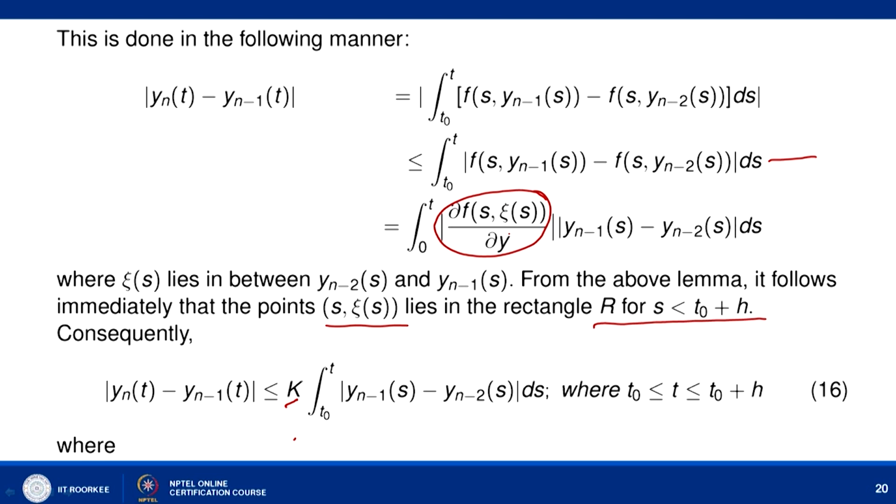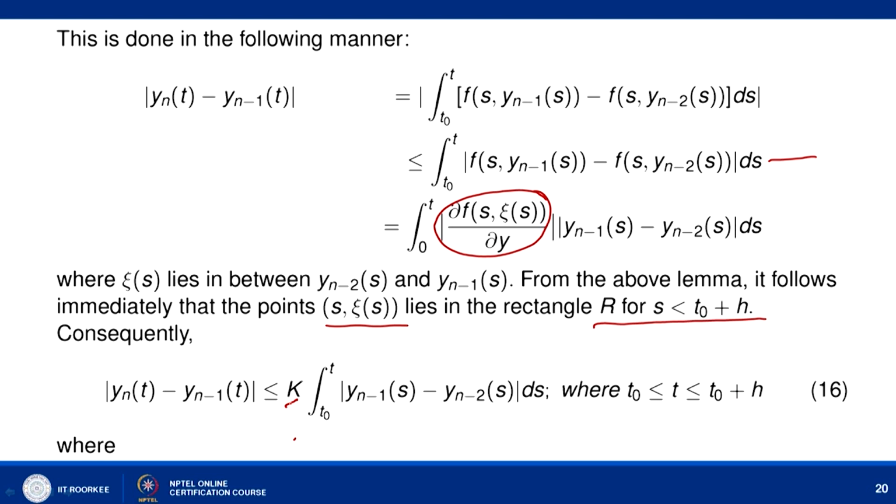So we can say that modulus of yn(t) minus yn-1(t) is less than or equal to k times the integral from t0 to t of modulus of yn-1(s) minus yn-2(s) ds. So we are able to get a recursive relation in terms of yn(t) minus yn-1(t), where t is lying between t0 and t0 plus h.